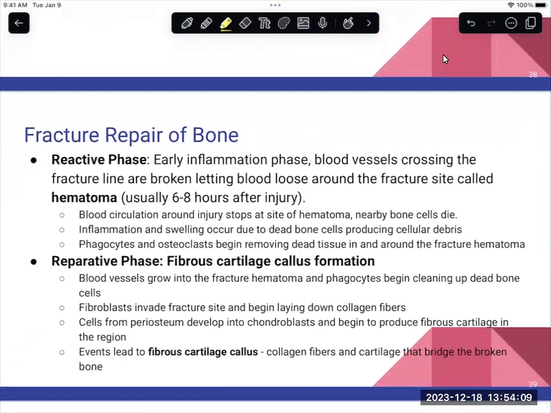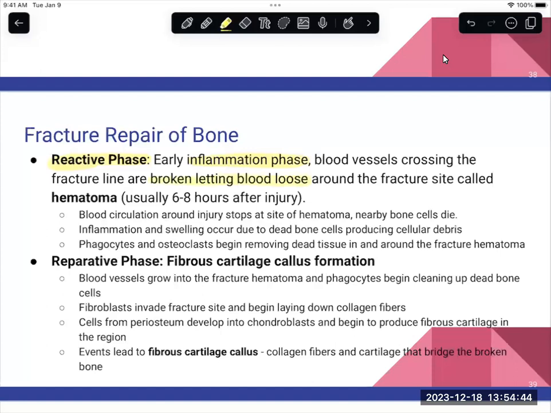So when a bone breaks, there's going to be that reactive phase, because we need inflammation. Inflammation is going to bring in immune cells to help clean up the area. Since we looked at how many blood vessels are actually found in bone, blood vessels are going to break.